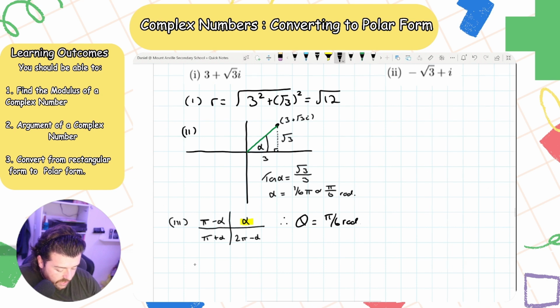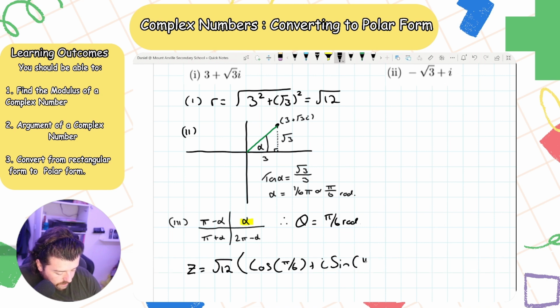So let's put that in. So z is equal to root 12 times cosine pi over 6 plus i sine pi over 6. And that is my answer in polar form.